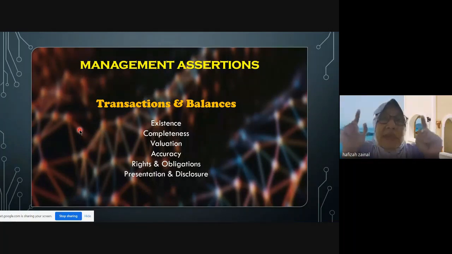It is not a bogus revenue transaction that does not exist. So exist means the transaction actually occurred.